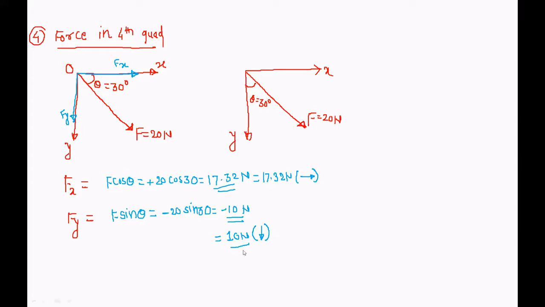So is it clear to you, this sign and the direction of the force? Why have I written this as a positive? Because I have shown the direction in the downward direction. But in the calculation, we have to take this value as a minus 10 Newton. So this point is clear, this negative sign and this direction.